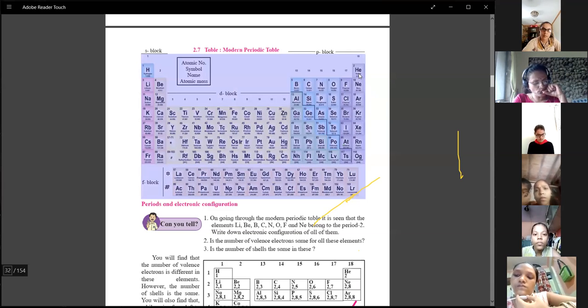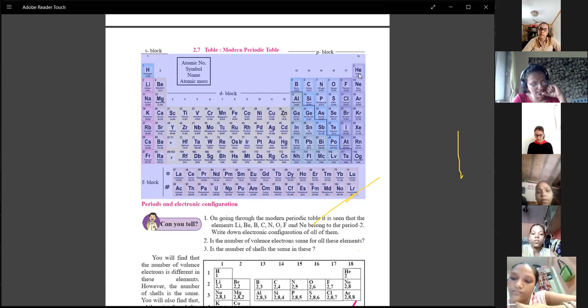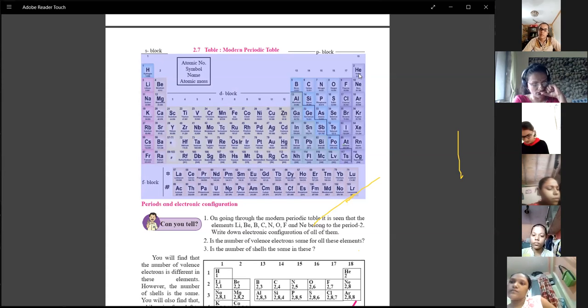How is the ability to lose or accept electrons in the valence shell determined? All the electrons in an atom are held by the attractive force exerted on them by the positively charged nucleus. Electrons in the inner shell lie in between the valence shell and the nucleus. Because of their presence, the effective nuclear charge exerting an attractive force on the valence electron is somewhat less than the actual nuclear charge.